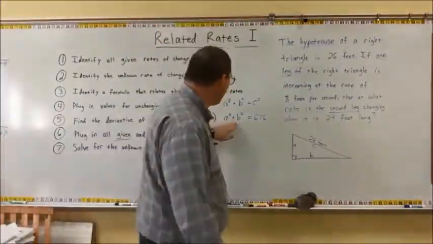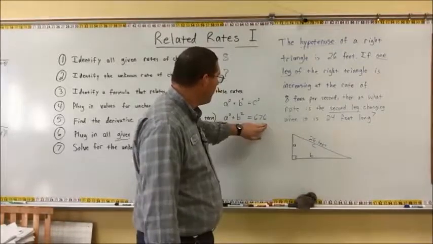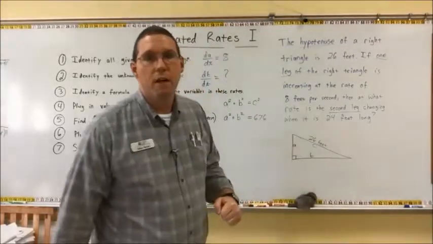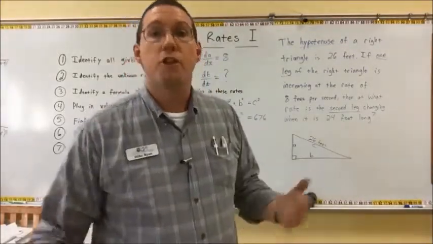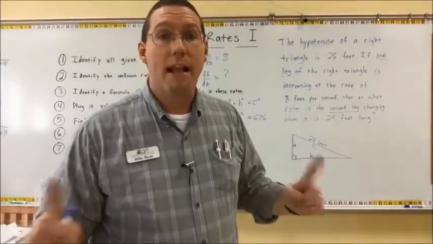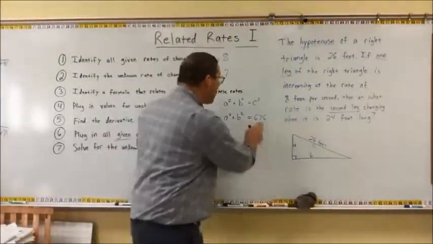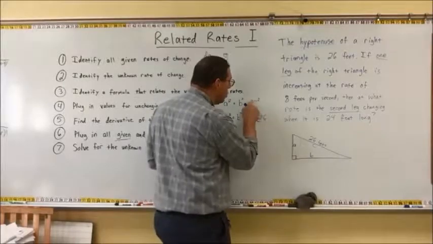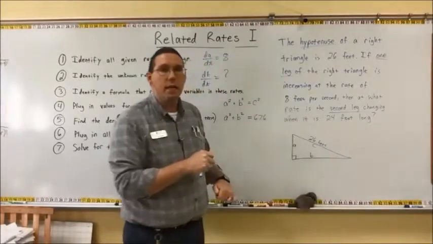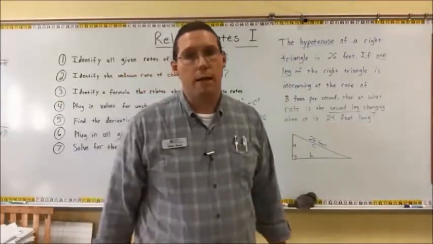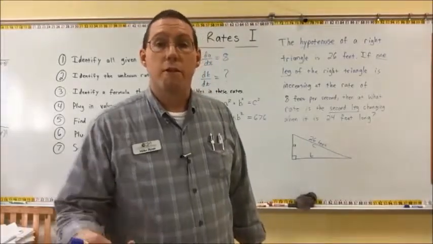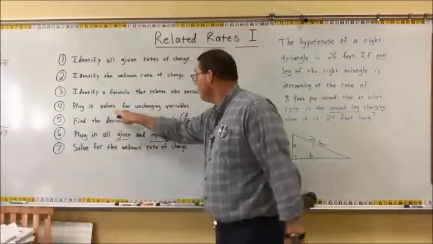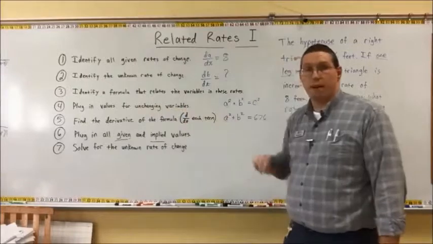And so when we do the derivative of this, what's the derivative going to equal? What's the derivative of 676? The derivative is 0. And that's going to help us because having a 0 here instead of a 2c dc/dt is going to make the problem a lot easier to solve. So this is why it's so important to plug in values for unchanging variables.